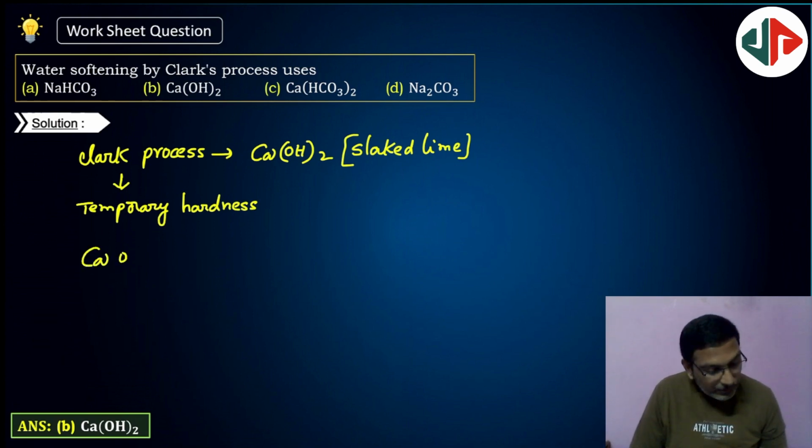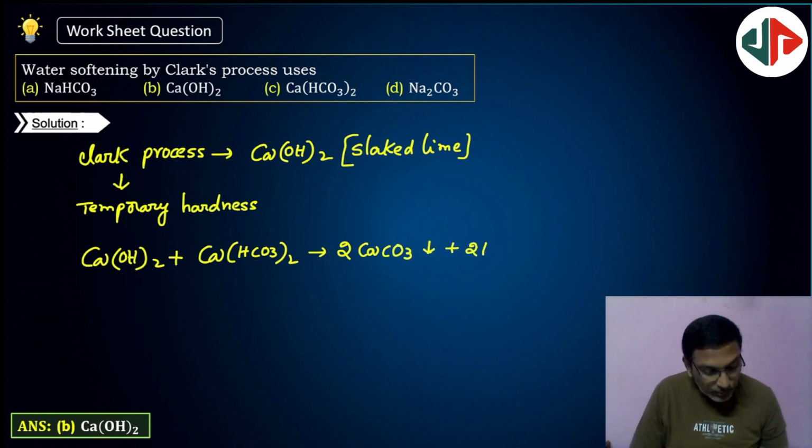That means Ca(OH)2 reacts with temporary hardness, which is due to calcium bicarbonate or magnesium bicarbonate. So it will give 2 moles of CaCO3, which is insoluble, plus 2 moles of water.